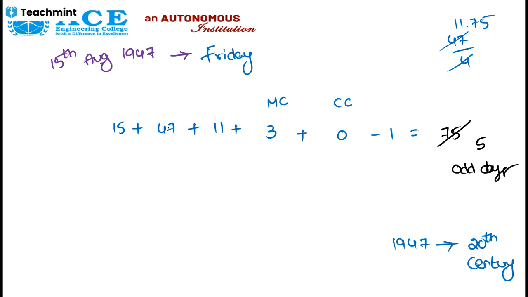Here, if you divide by 7, 5. This plus 1 minus 1 cancel. Like that also you can do. 11 plus 3, 14, odd days is 0. 15 minus 1, 14, odd days is 0. 47, 7 sixes are 42, 5. 5 odd days. Directly 5 odd days, it's nothing but Friday.